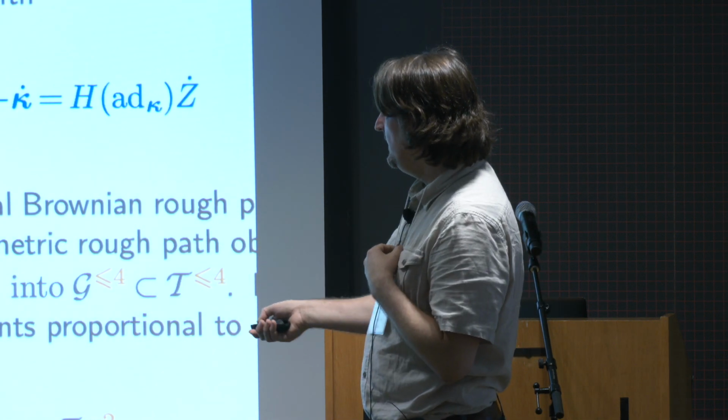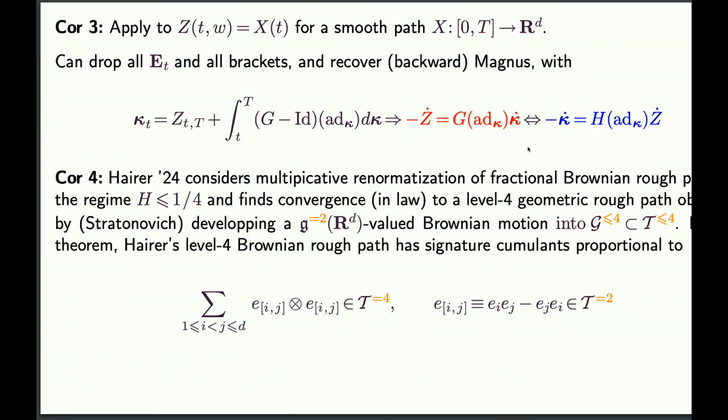And if you do this, then you find that the signature cumulants here can be written down explicitly, and here they are. These are the antisymmetric 2-tensors, and then, like in the Fawcett formula, you have to square it, and that gives you a signature cumulant that happens to be a level 4 tensor.